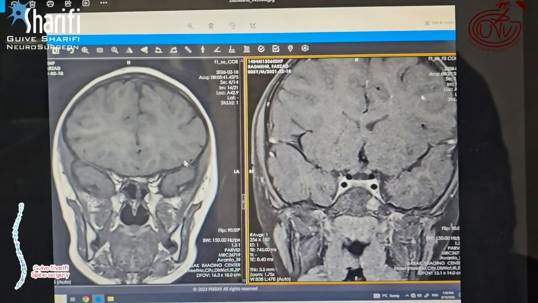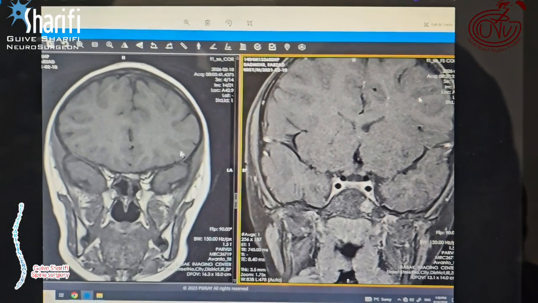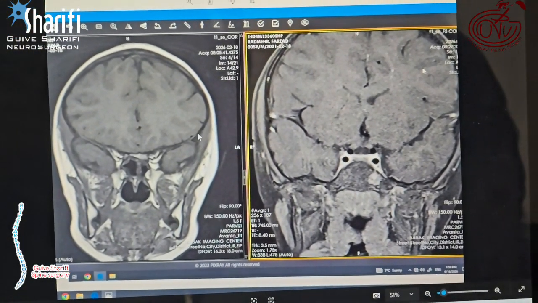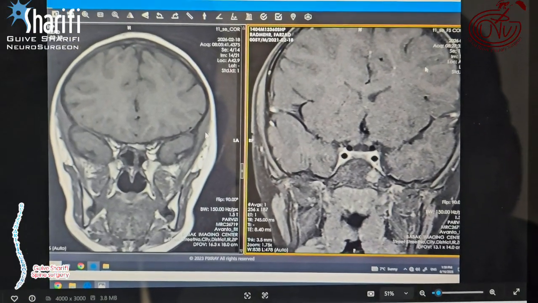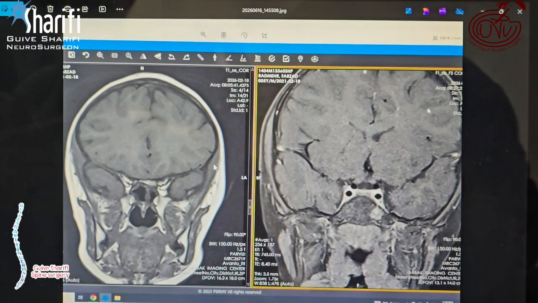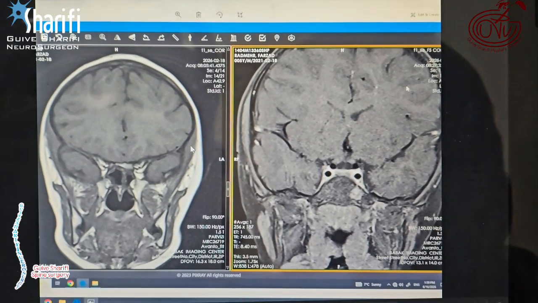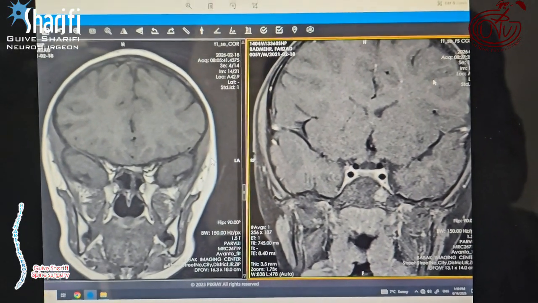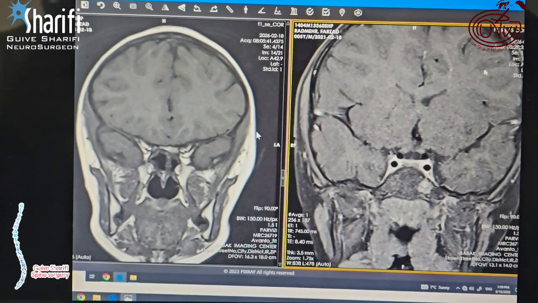On the right side, it's a kind of strabismus. When we do not have a fixed eye to perceive objects, and there is esotropia or exotropia, we call it anisotropia.